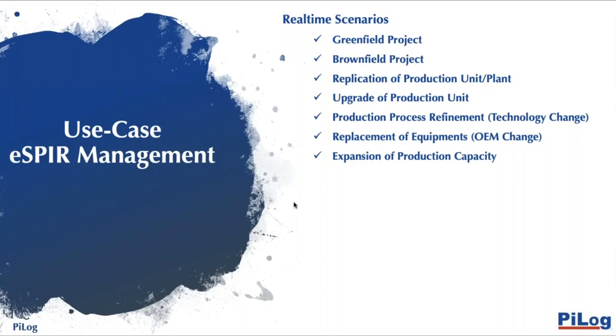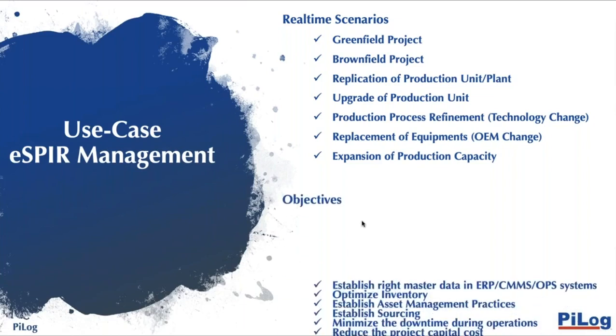And then last but not the least, which was evident from even the previous scenarios, expansion of production capacity. Whenever somebody would like to expand that, you will have to increase the number of equipments, you would have to increase the facility. In that case as well, the ESPIR would be used. Apart from this, there are other cases as well, but we have listed down the majority of the use cases or the applications.